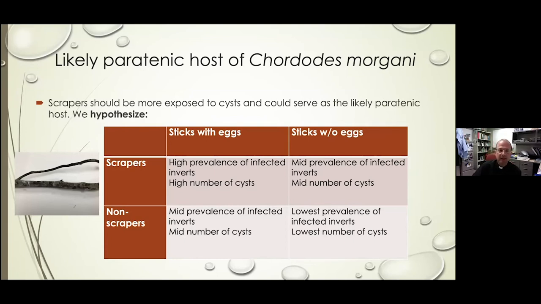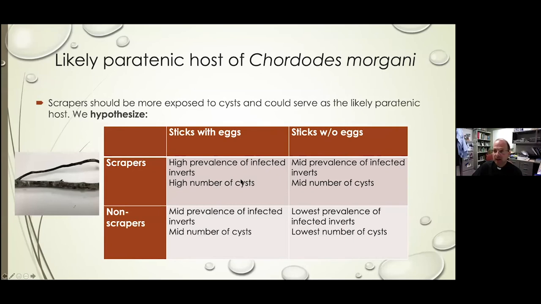So we hypothesized that these scrapers, if you went out in the creek and collected a bunch of sticks, looked to see whether they have eggs or not, so sticks with eggs, sticks without eggs, and then removed all the insects that were on them. The scrapers that were removed from sticks with eggs should have a high prevalence of infected invertebrates.